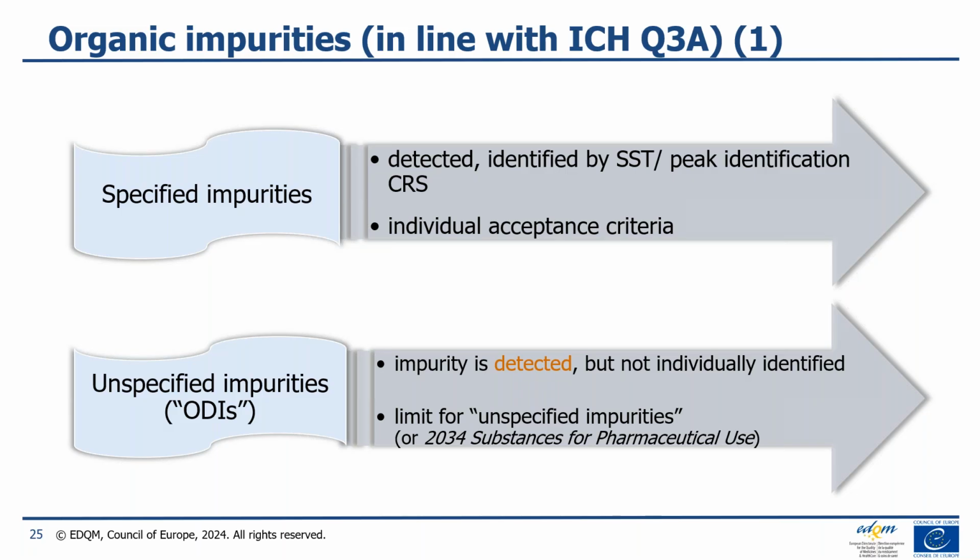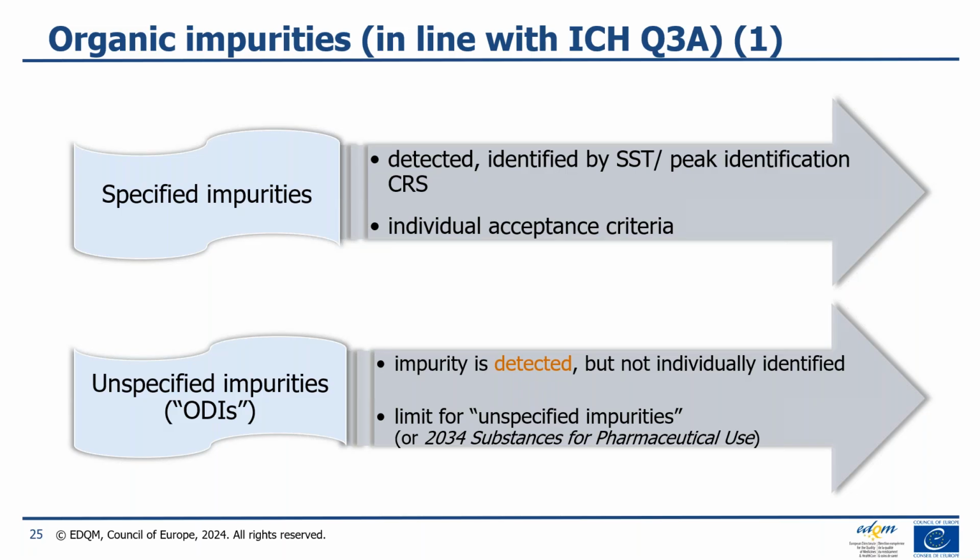The specified impurities are detected, they are identified by suitable reference standards, and they have their own individual acceptance criteria. The unspecified impurities are known to be detected by the methods in the monograph, but they are not individually identified. They are limited by the limit for unspecified impurities given in the monograph.